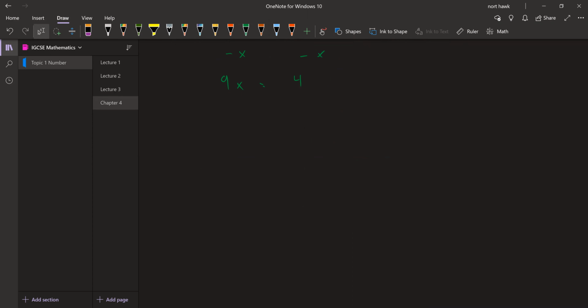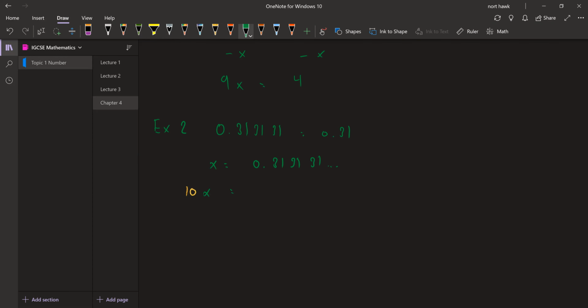For example, 0.31 recurring, or I could write it as 0.31. So I could use the same logic. x is equal to 0.313131 repeating.